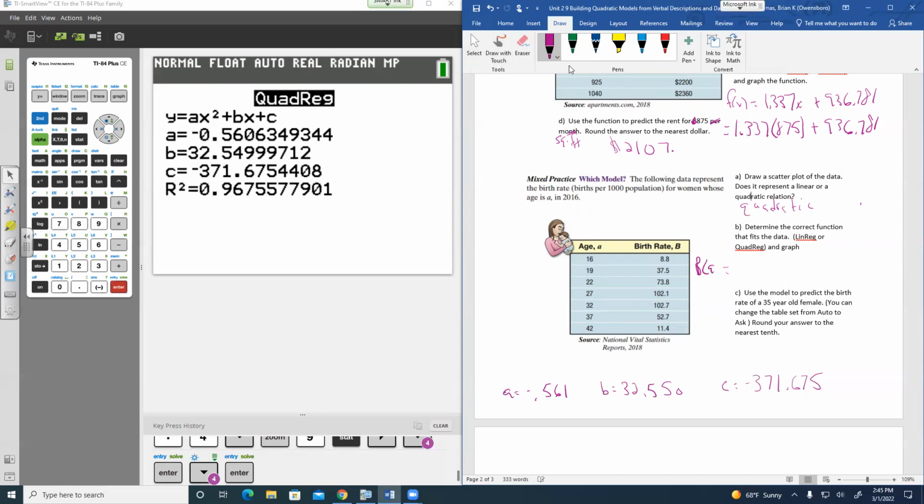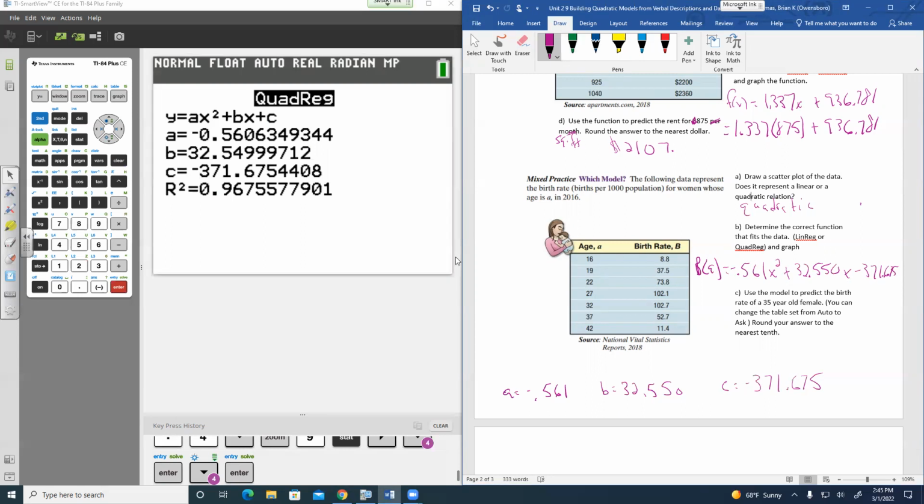So I could do B of A as my function, kind of stay with this notation over here. So I'd have negative 0.561 x squared plus 32.550x minus 371.675.